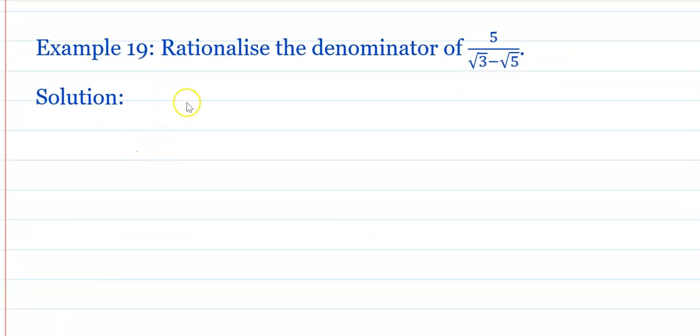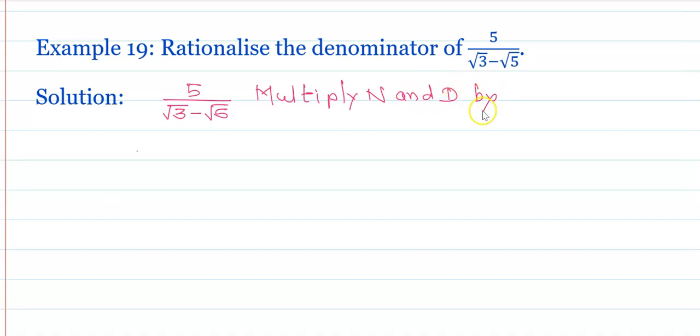Okay. Next example. Now for the next example, what is that? 5 upon root 3 minus root 5. Again, multiply n and d by the conjugate of root 3 minus root 5. What is that? Root 3 plus root 5.